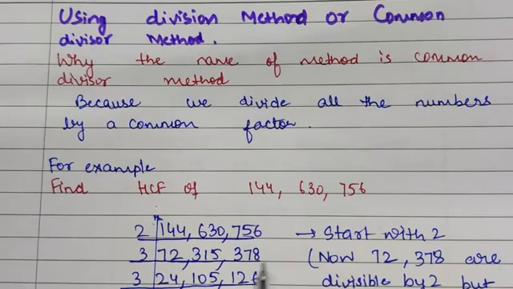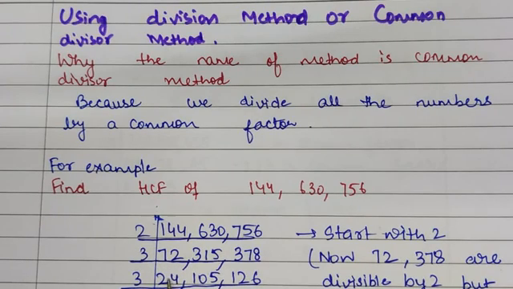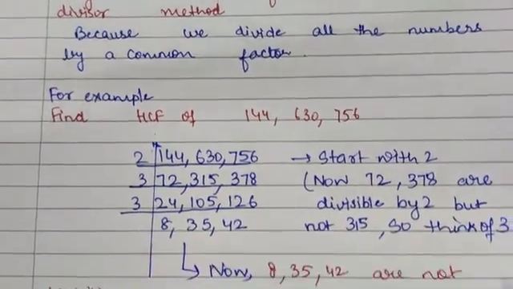Now all these numbers have a common factor 3. So let us divide by 3 and we get 24, 105 and 126. Again, these three numbers are divisible by 3 together. So we get 8, 35 and 42.